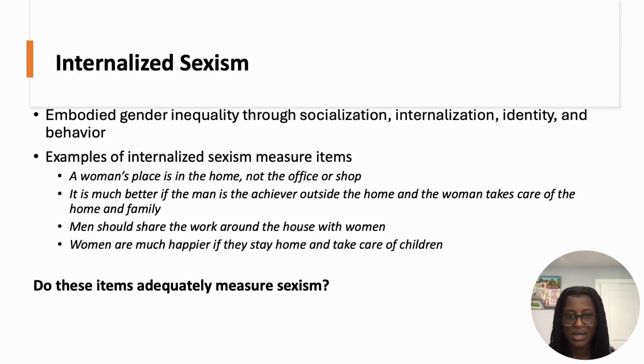So sexism is a construct, happiness is a construct. Certain constructs you can pretty much directly assess, and some you need composite measures to assess. So do these measures really assess sexism?